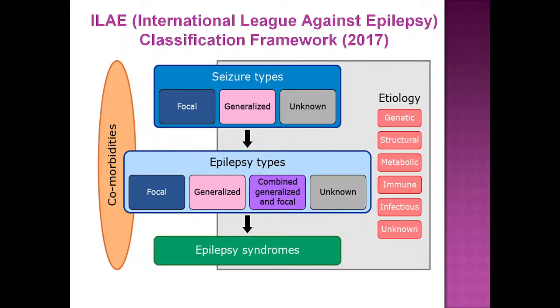And those for which we don't know, they are unknown. If these epilepsies are then associated with certain other types of clinical presentations, then they belong to some kind of epilepsy syndromes. So that is the 3-level classification framework suggested by the International League Against Epilepsy.